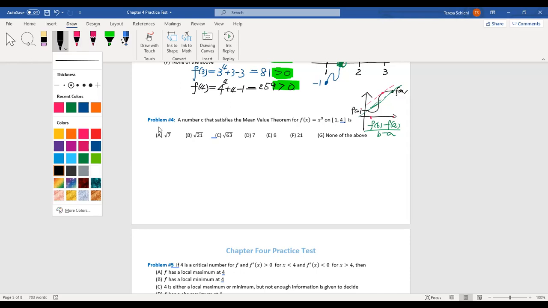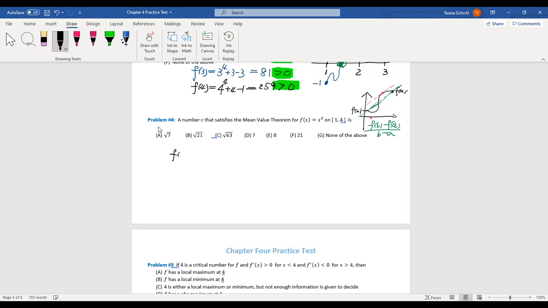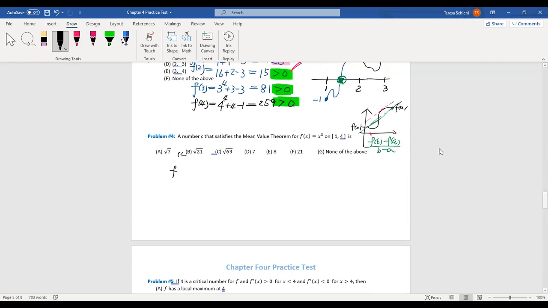Okay, so now let's take a look here. So the f of x is x cubed, right? So between 1 and 4, I know f of 4 minus f of 1 over 4 minus 1, right?